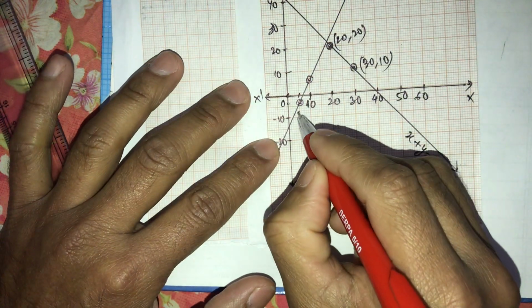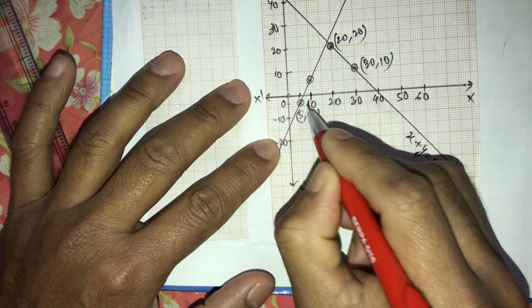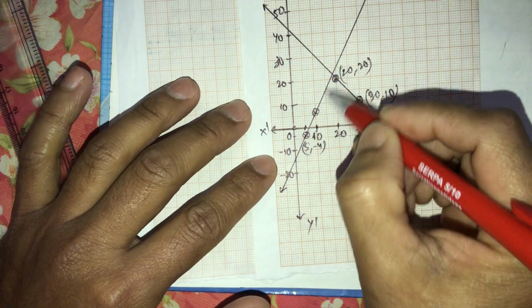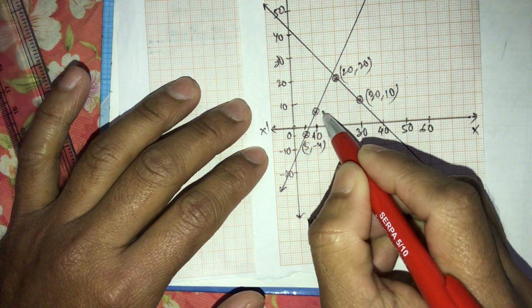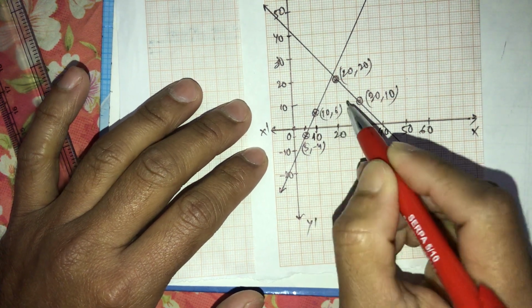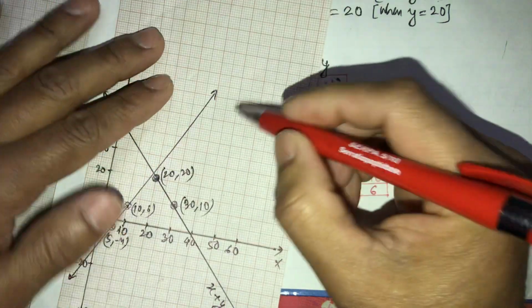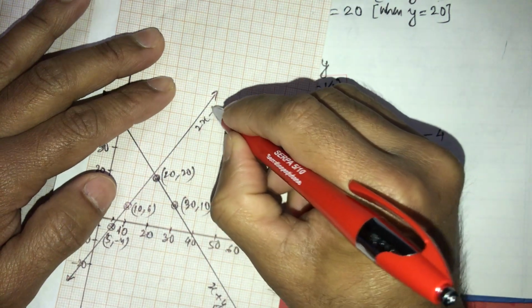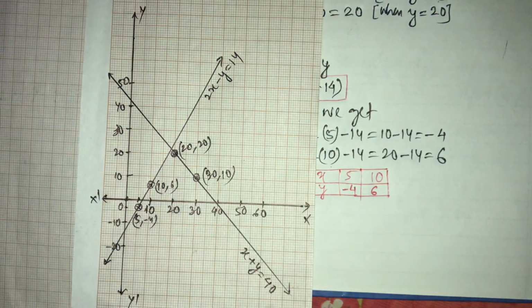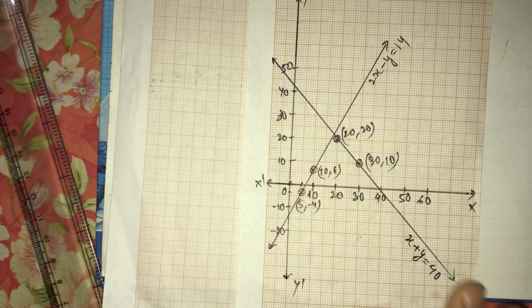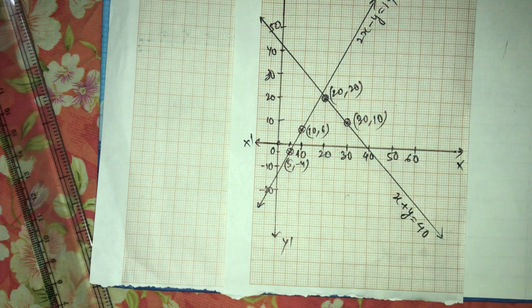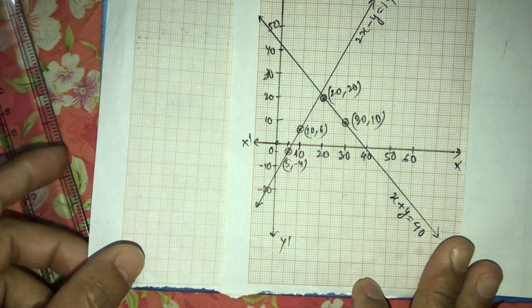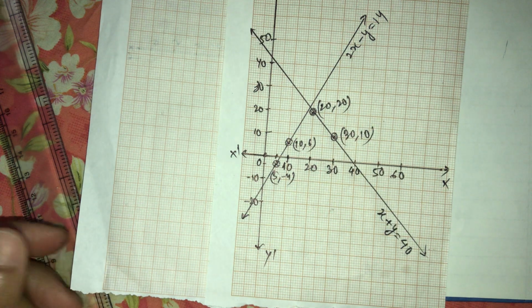The first coordinate was 5 comma minus 4, and the second one is 10 comma 6, and the second equation was 2x minus y equal to 14. So we got the graph. Okay, this is how we represent that situation graphically.